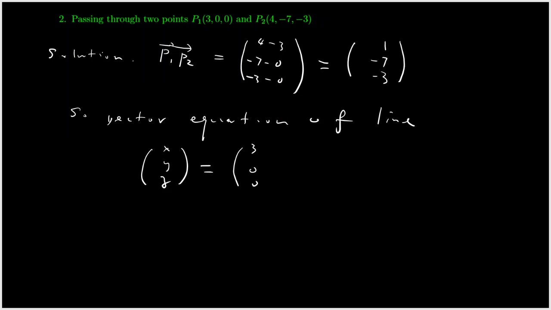It's the same thing, right? And then plus a parameter t. Do not forget the parameter. Parameter t, and then times a, b, c. A, b, c are the components of the direction vector you chose. That's the vector equation of the line, or vector form of the equation of the line.